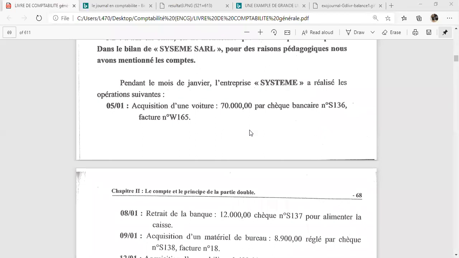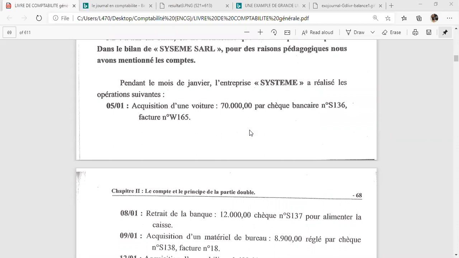Okay, so not to waste too much of our time, I will send it, hopefully this evening. I'll send an example starting from the questions, how they're phrased, drawing to the journal, drawing to the Grand Livre.